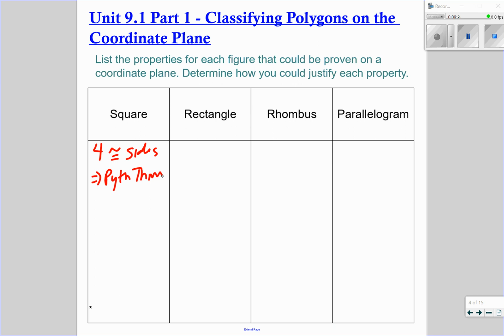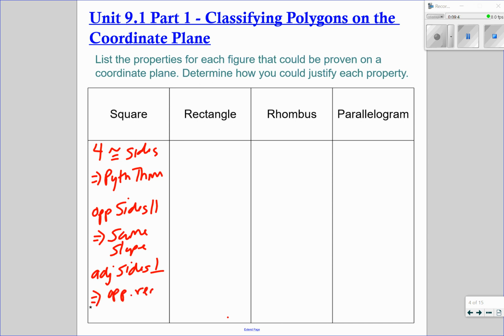You'd have to show that opposite sides are parallel, showing same slopes. And you'd have to show that adjacent sides are perpendicular, showing opposite reciprocal slopes.